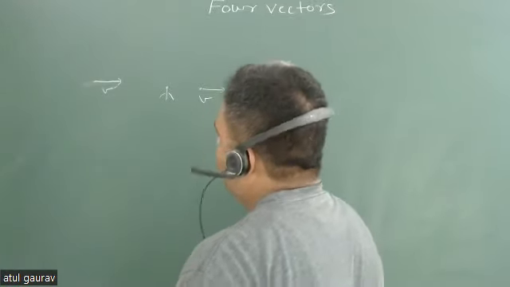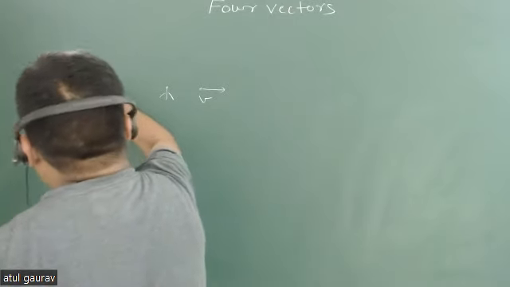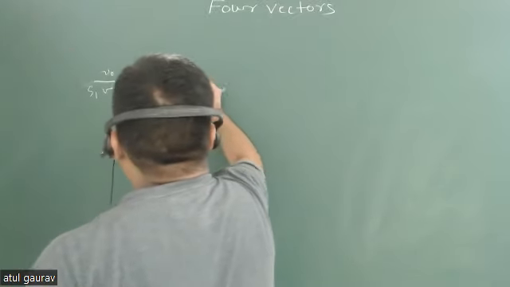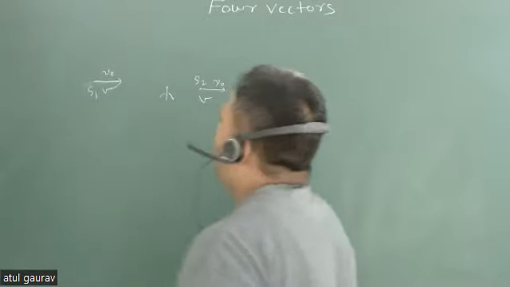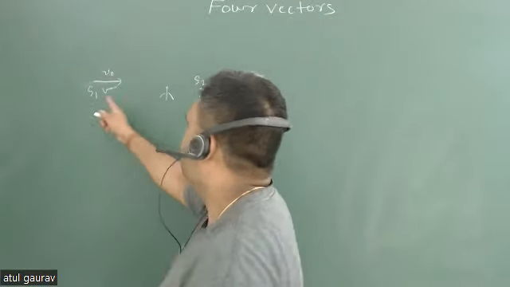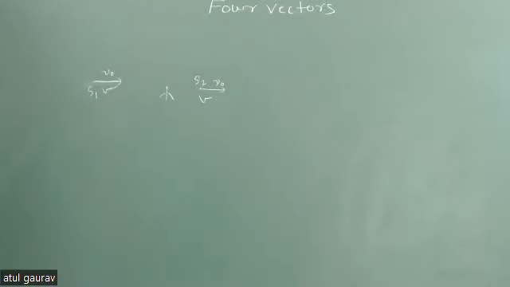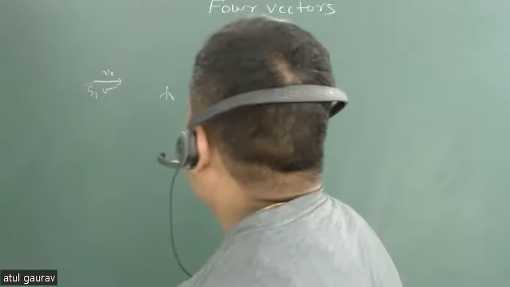The frequency with respect to source S1, and with respect to source S2, is nu naught for both, and both are moving with speed v, and they are in line with the observer.